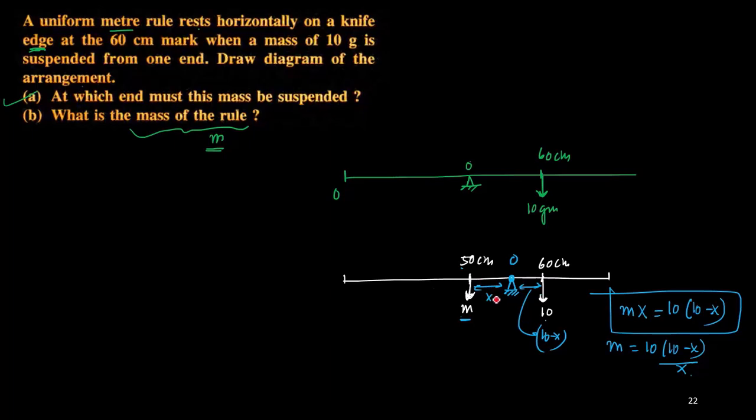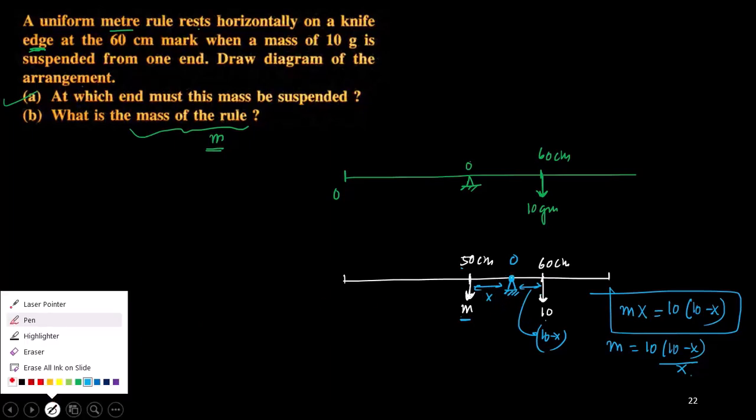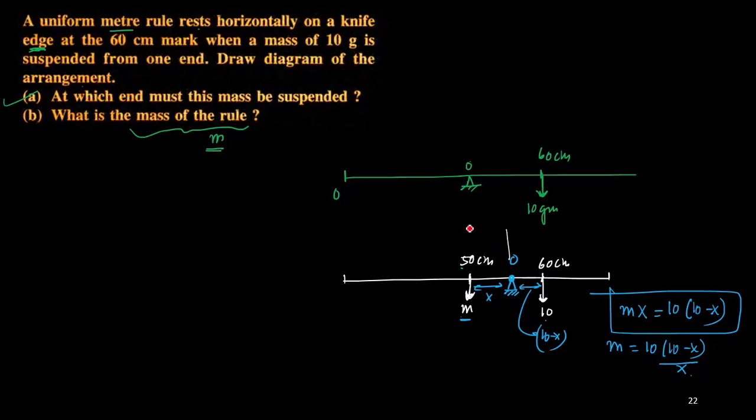So if I say x is placed at 5 cm, exactly at the midpoint between this 50 and 60, let us say I am placing this edge at 5 cm distance. Then 10 minus 5 is 5, so that m should be 10 gram there. Both the mass of the rule and the mass of the weight that you are suspending should be the same.